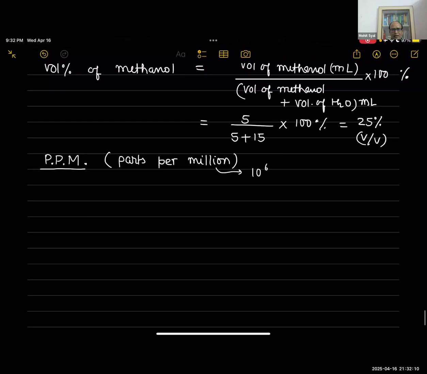Example, in the water which we drink, if they contain some poisonous substances, heavy metals, but they are very, very less. Otherwise they will harm us. Their concentration will be insignificant if you consider it in percentage. You will not get any percentage, 0%.